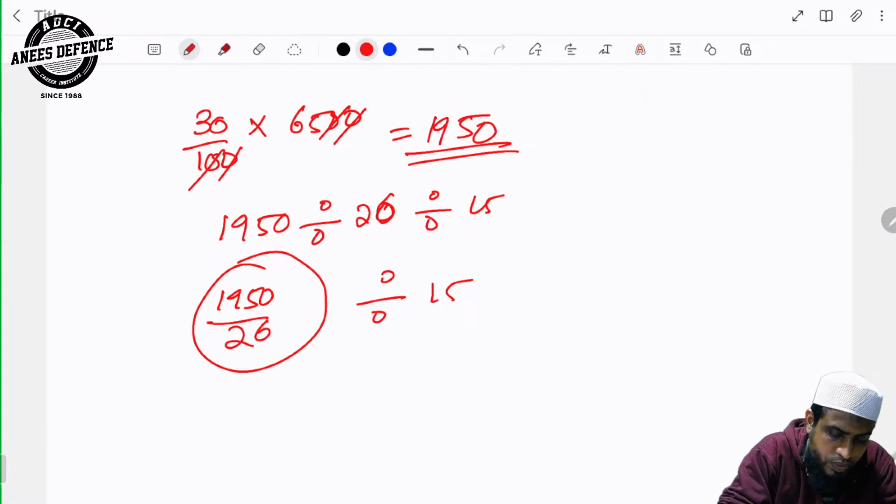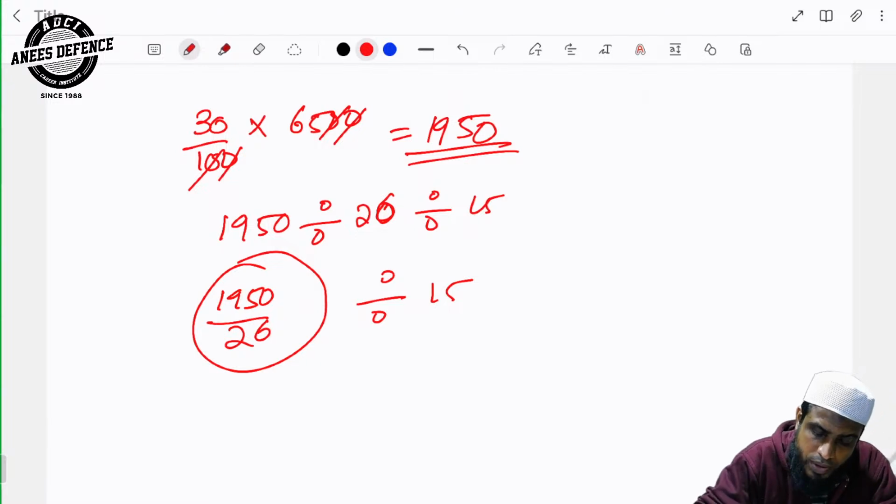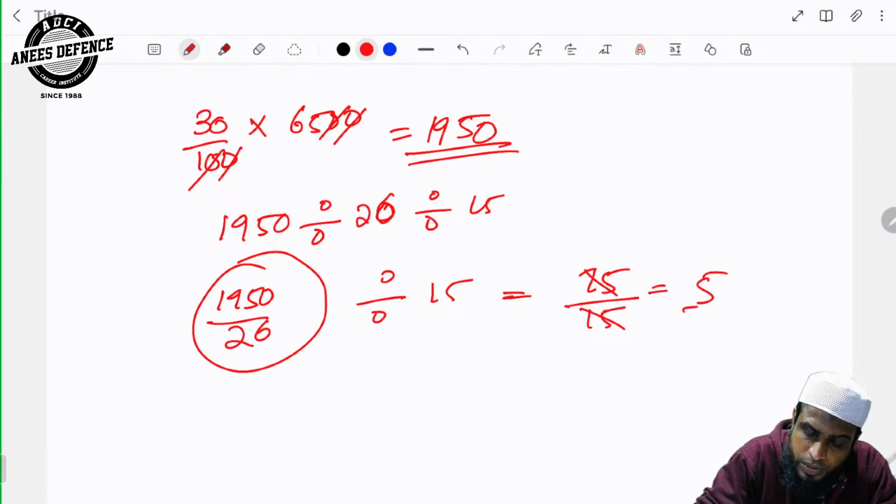So 1950 by 26 is equal to 75. So the answer will be 5.